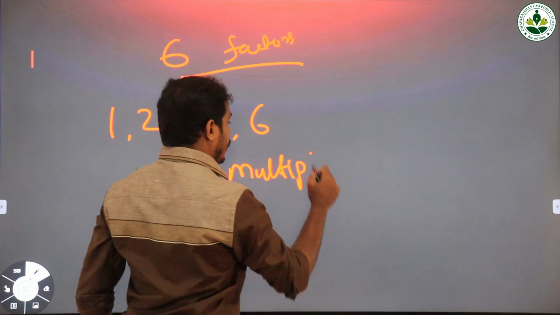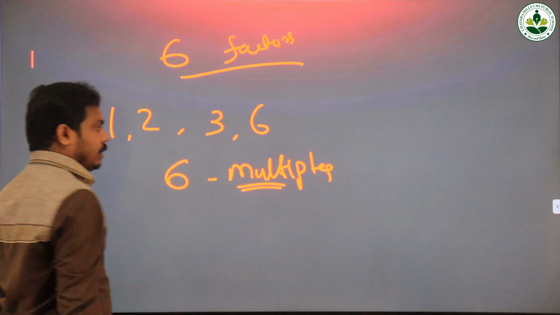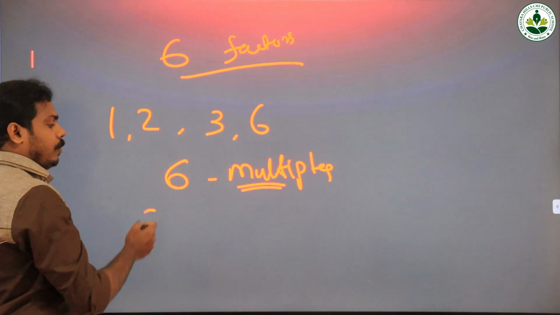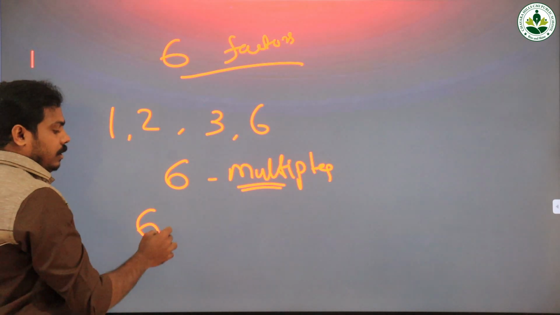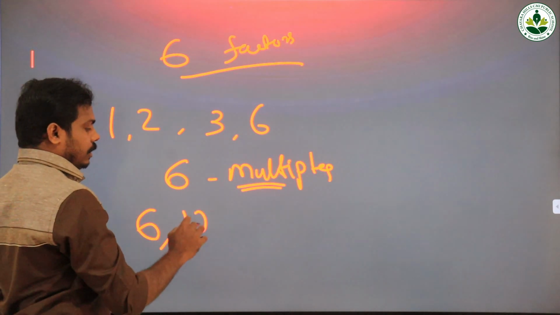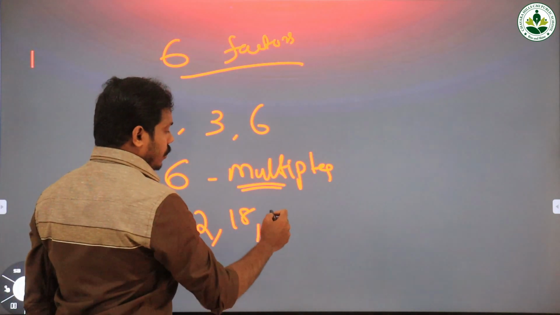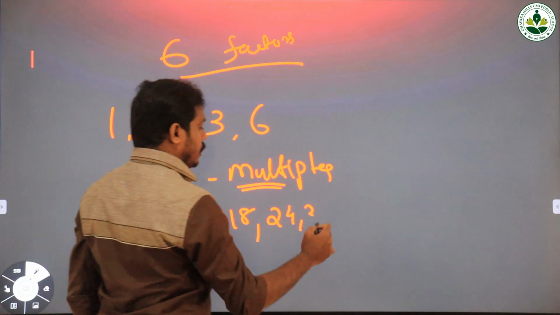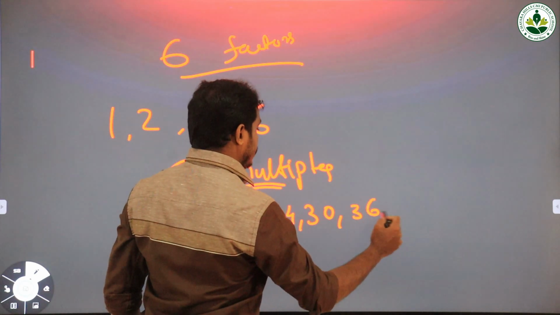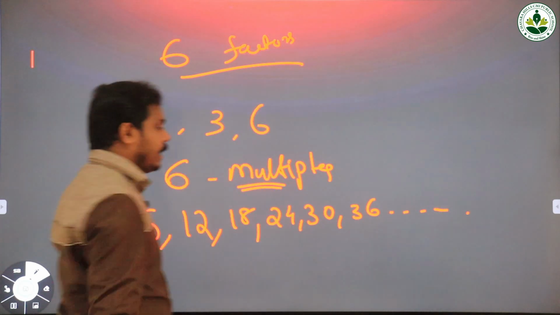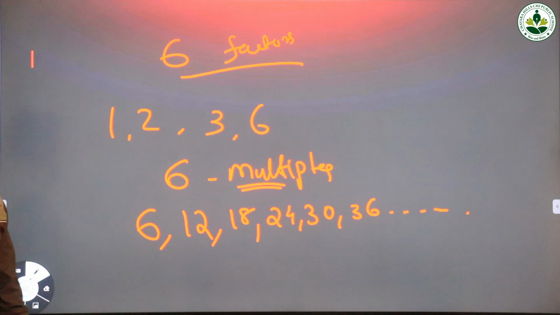Multiples, we already know. Multiples of 6: 6 into 1, 6 is a multiple. 6 into 2, 12 is a multiple. 6 into 3, 18. Then 24, 30, 36, etc. are the multiples of 6.